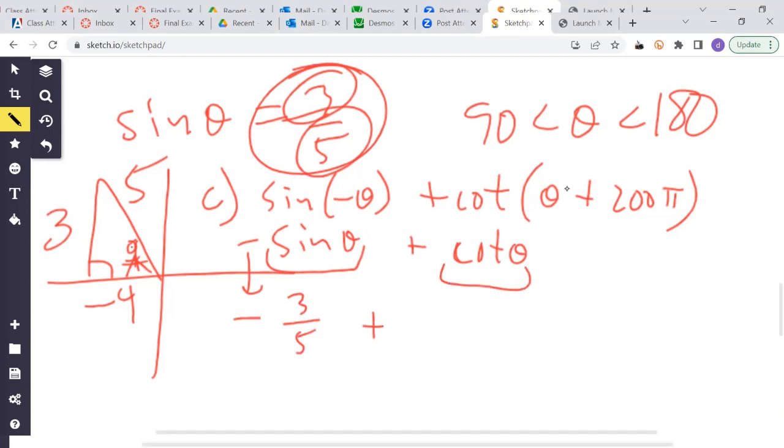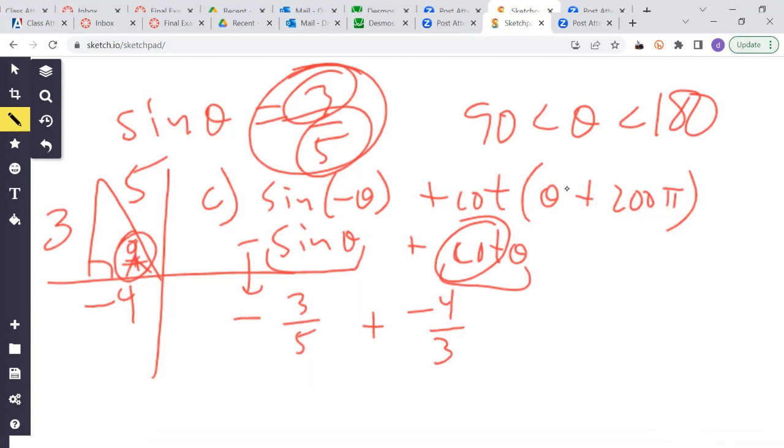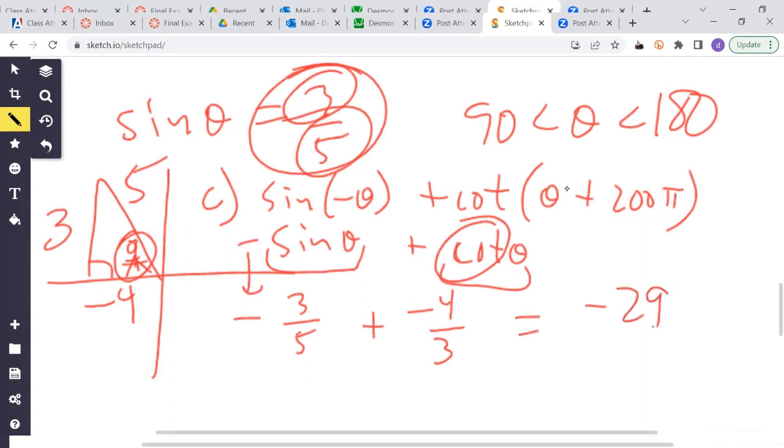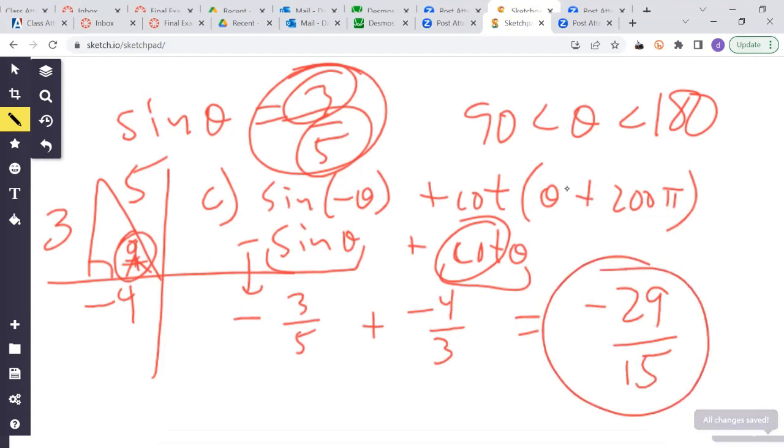Theta was represented by the original position of the person, so let them stay there. Now we need cotangent, which is adjacent over opposite. And this is like a calculator, -29 over 15. So final answer for number one, part C.